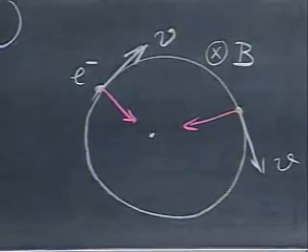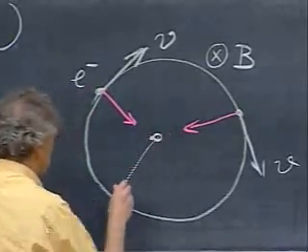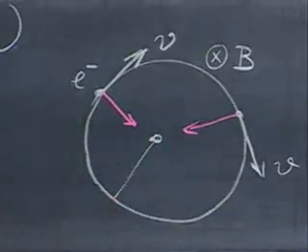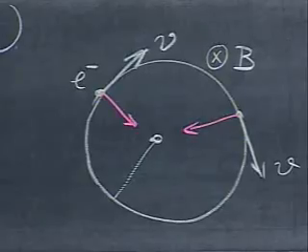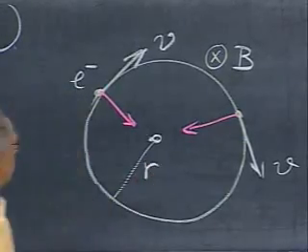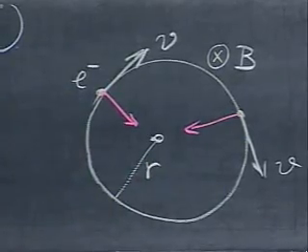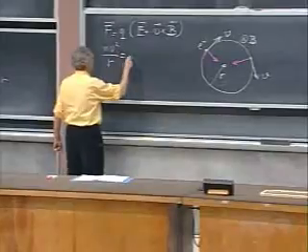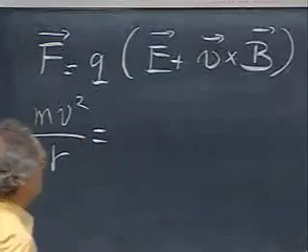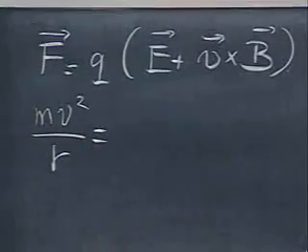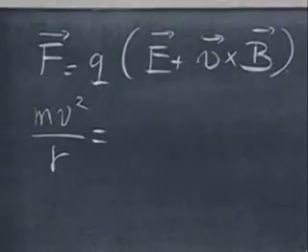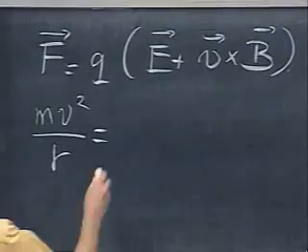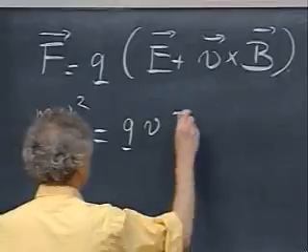All right? So let this radius be little r. Combining 802 with 801, we now have that mv squared over r, m being the mass of the electron, is that force. And since v is perpendicular to B, the sine of the angle between them is 1. And so I simply get here qvB.